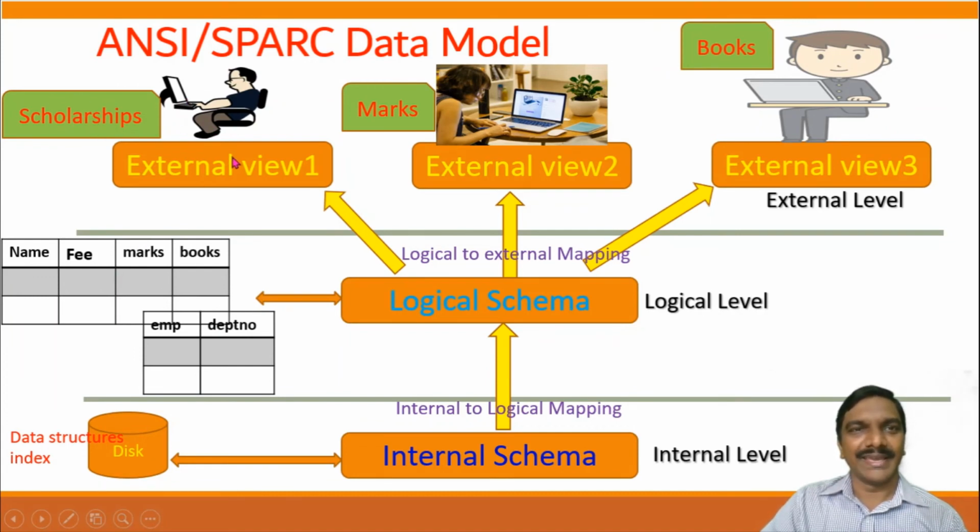So this person accesses name and fee, only these two columns. That is his view. Now, what is her view? Her view is to view the marks. So, student name and marks. And what is his view? Librarian, name and books. So, this is another view, right? These are the three different views.